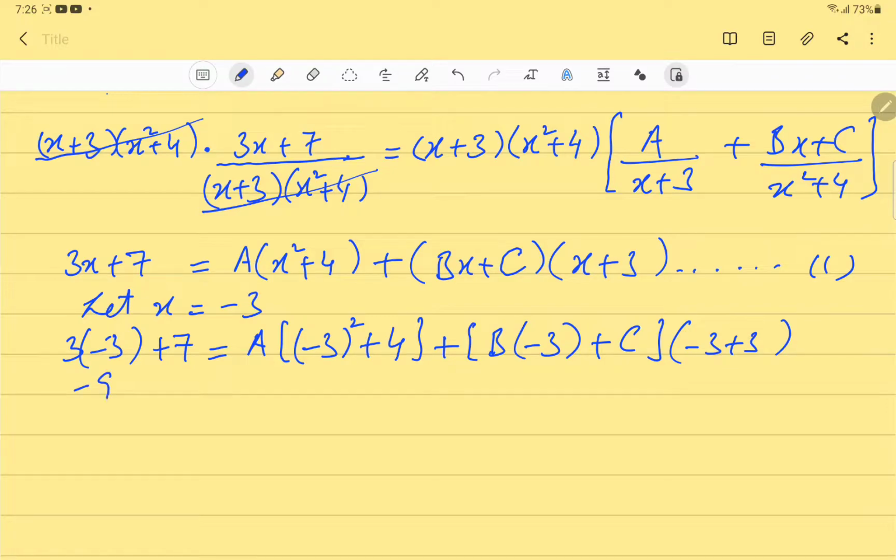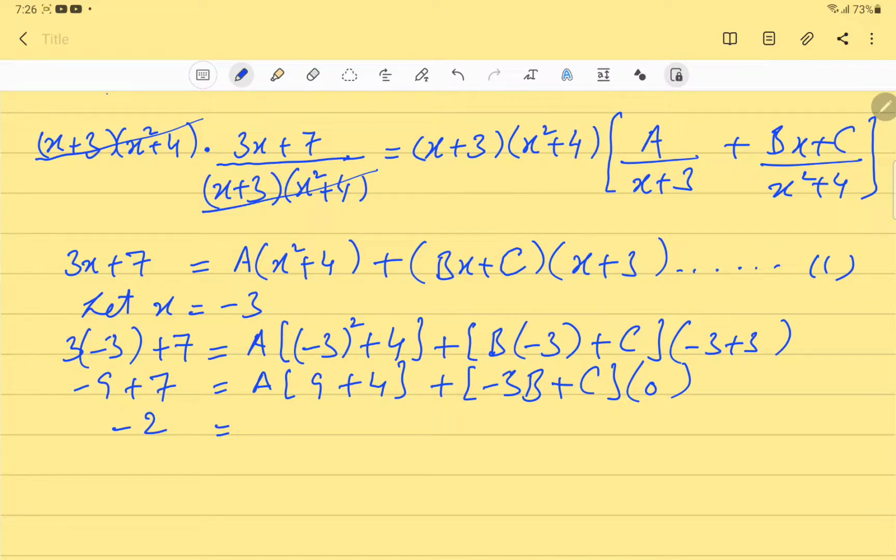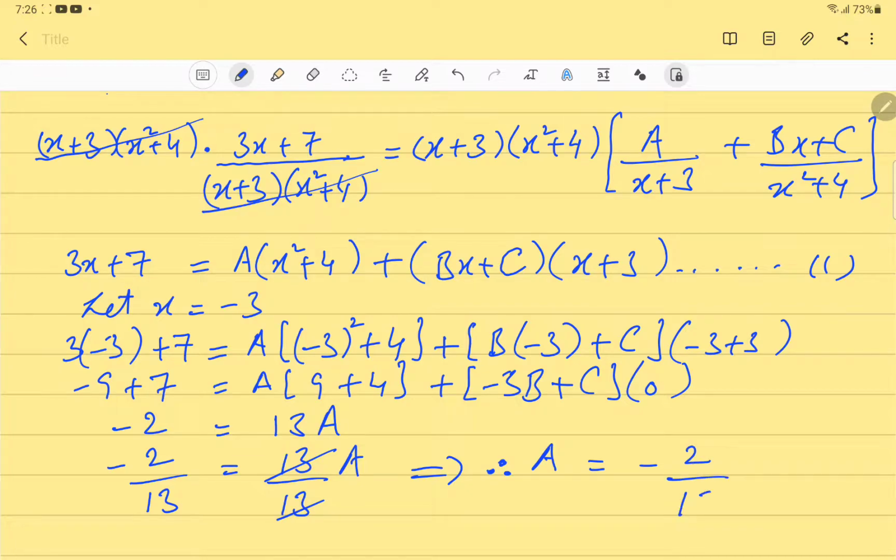So 3 into -3 is -9, plus 7 is equal to A(9 + 4) plus (-3B + C) into 0. So we have now -2 = 13A. When we multiply 0 with -3B + C, it becomes 0. So 13A is equal to -2. We divide both sides by 13, so A is equal to -2/13.